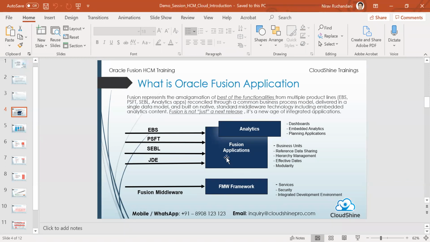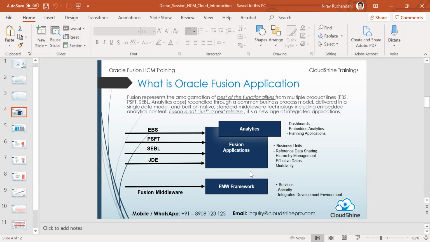And then, of course, on top of all these applications, you will have your reporting or analytics platform, which has also evolved over the years. We have seen that there has been a strong and growing need of reporting and dashboards, etc., on these processes, and Oracle has come up with a solution.